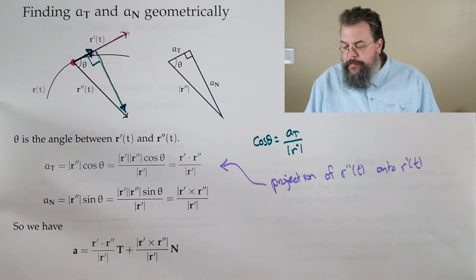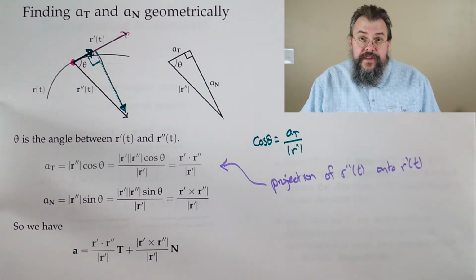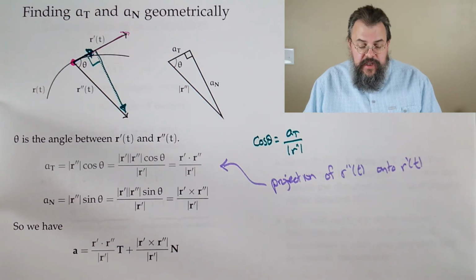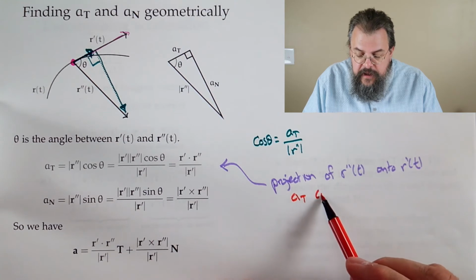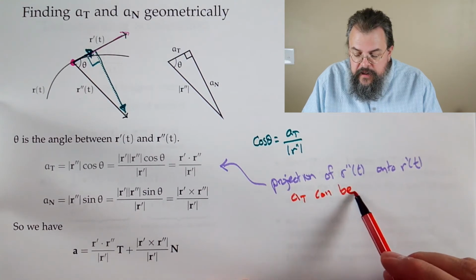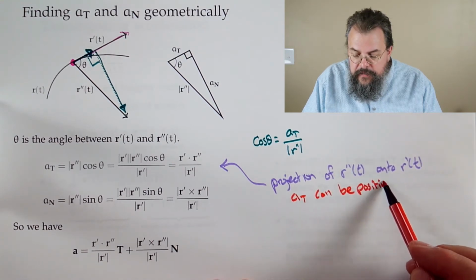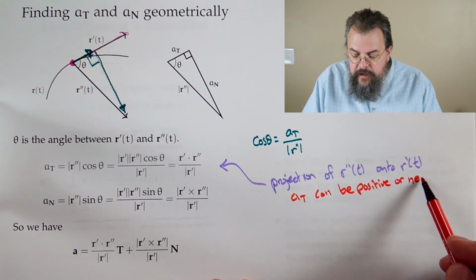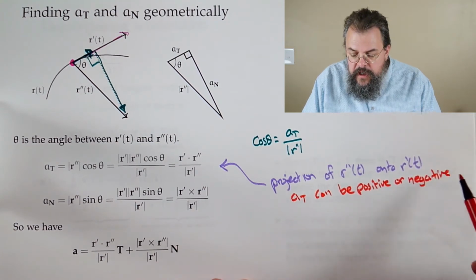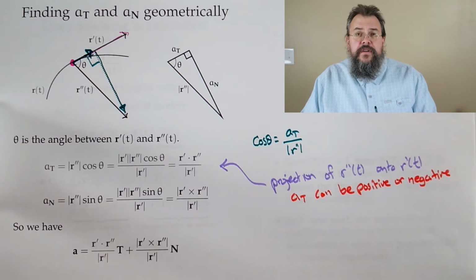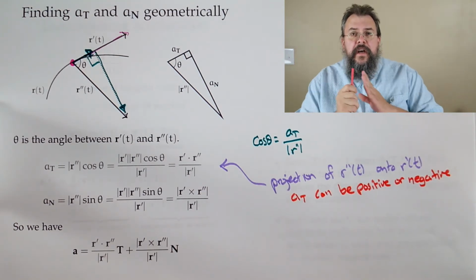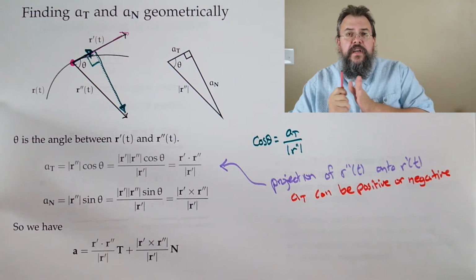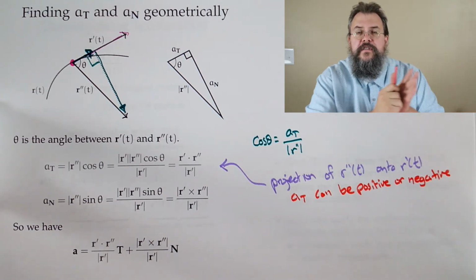One other side note I want to point out here, and it'll come into play in just a second, is that a sub t can be positive or negative. And that's perfectly fine. Now, what does it mean if it's positive? What does it mean if it's negative? Well, essentially, if we think about just one dimension, if a sub t is positive, if I have a particle moving and acceleration is in the same direction, what will happen is that the particle will start to speed up.